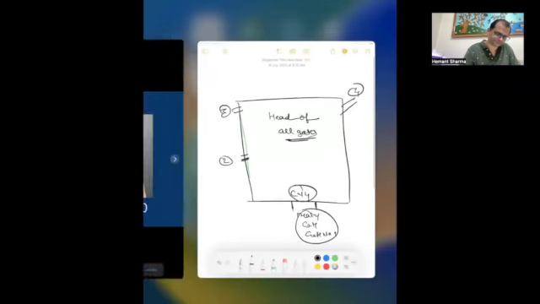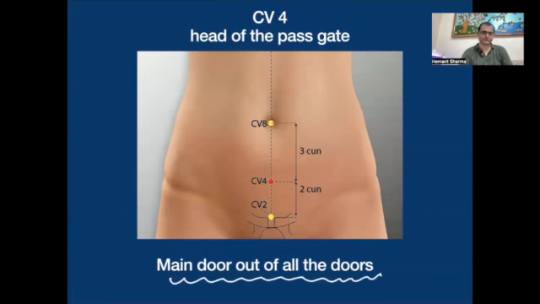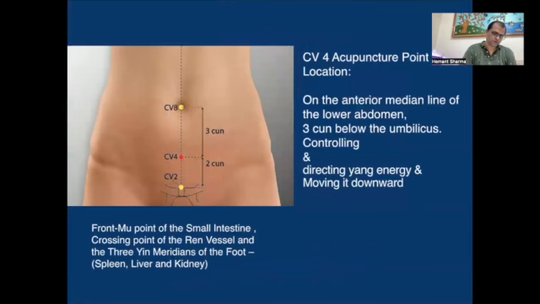Okay, now. So it is called main door, or we can say main gate out of all the gates, right? Okay. In the TCM, it has been explained that CB4 is a very important point.